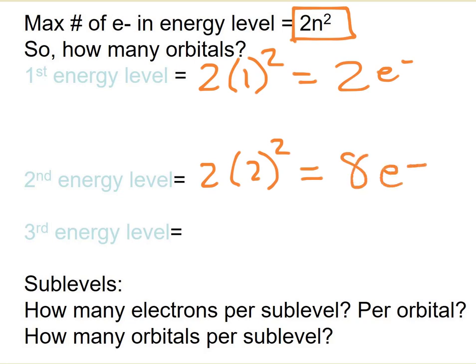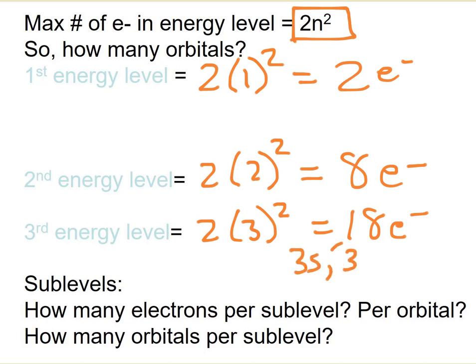The third energy level, I have a 3s, a 3p, and a 3d, but there's no such thing as a 3f, so we stop there. So 2 times 3 squared, so we have 18. And again, we get that 18 from the 3s, there's 2 electrons, the 3p, there's 6 electrons, and the 3d, there's 10 electrons. So that adds up to 18. So remember your sublevels are s, p, d, and f.